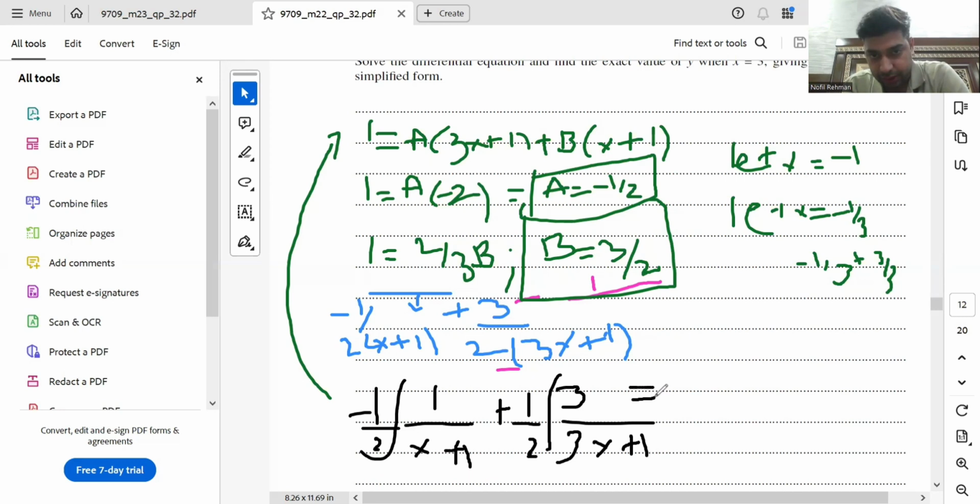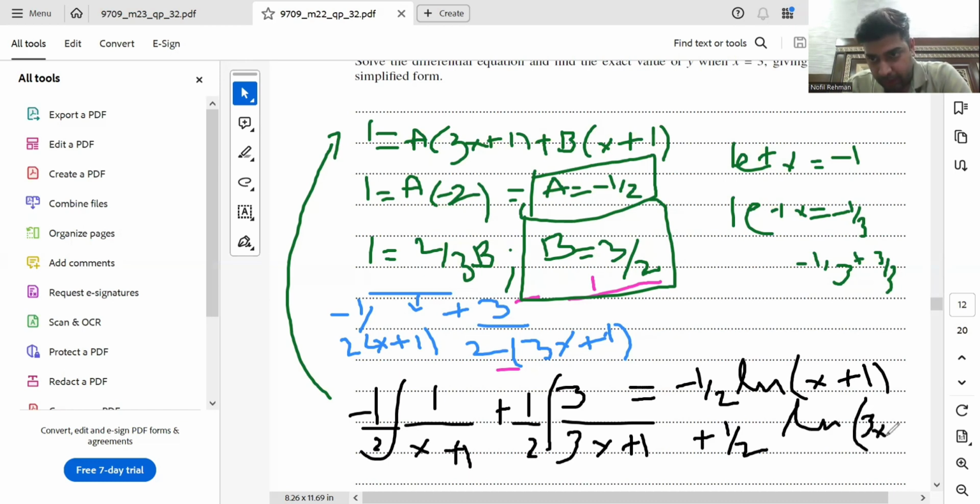Now we get the integral: minus 1 over 2 ln (x plus 1) plus 1 over 2 ln (3x plus 1). Also we can add the constant of integration, which should be ln c, since all the remaining values are in terms of ln.